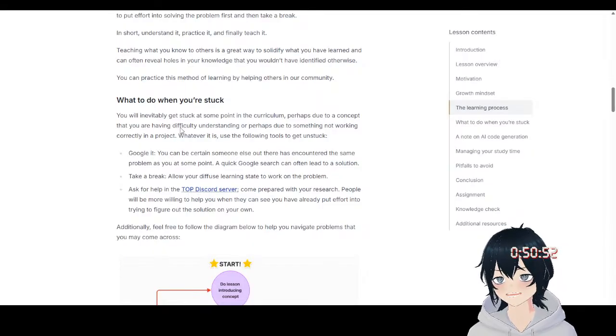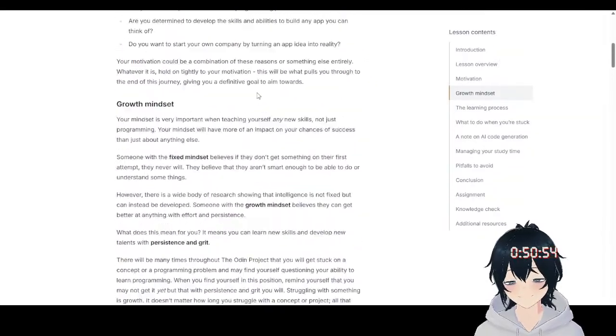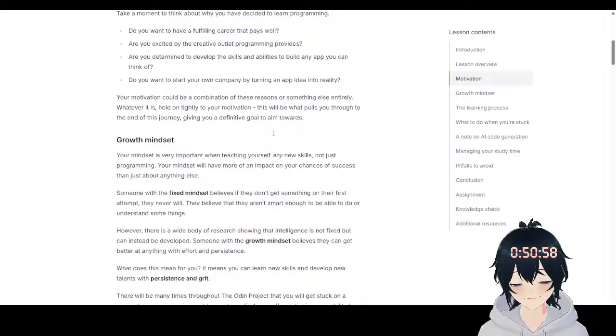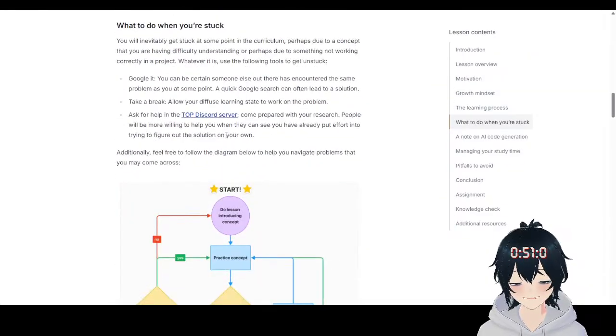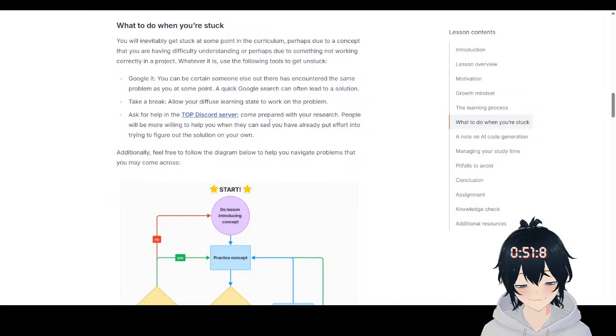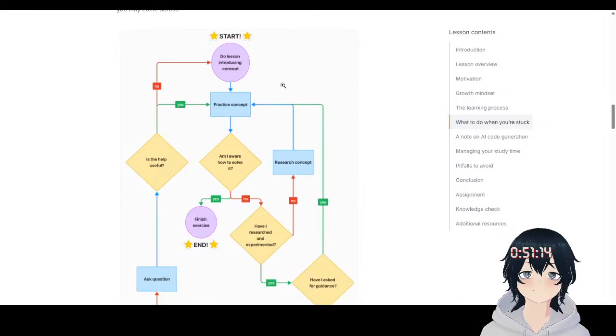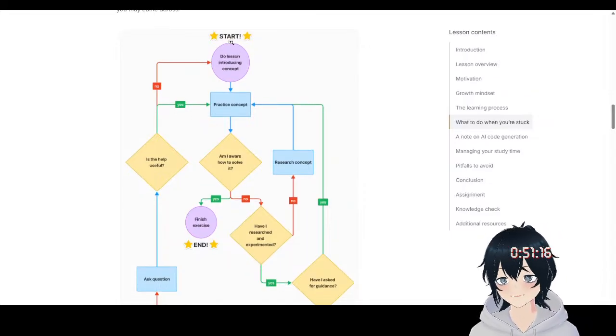Oh, the Odin Project! Oh my god, yo, I might. Okay. That was so dumb. Okay. Oh, what a flowchart. Start to lesson introducing concept.